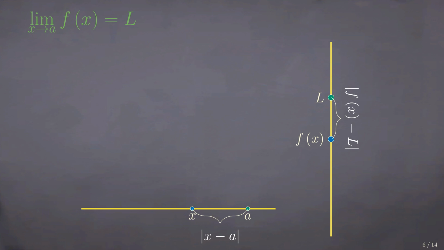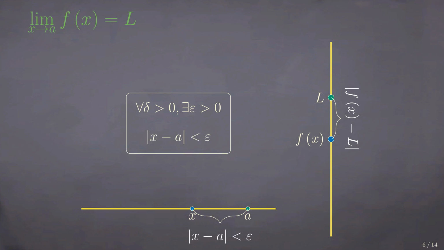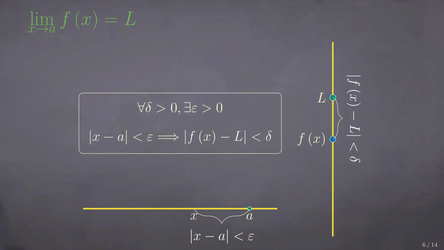That is the way we define closeness. So first, we choose any positive number delta that we want to use to measure the closeness between f(x) and L. Then we require that there exists a positive number epsilon, such that whenever x and a are close with respect to epsilon, meaning that the absolute value of x minus a is less than epsilon, then the distance between f(x) and L is also measured by delta, meaning that the absolute value of f(x) minus L is less than delta. That's what we mean by limit.